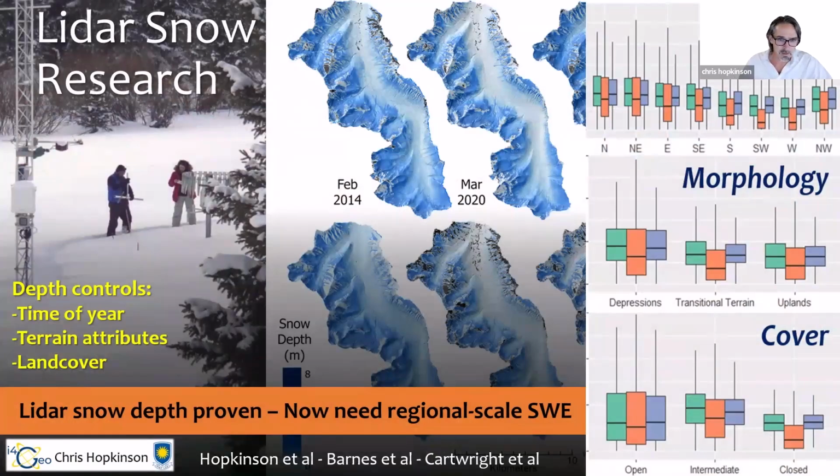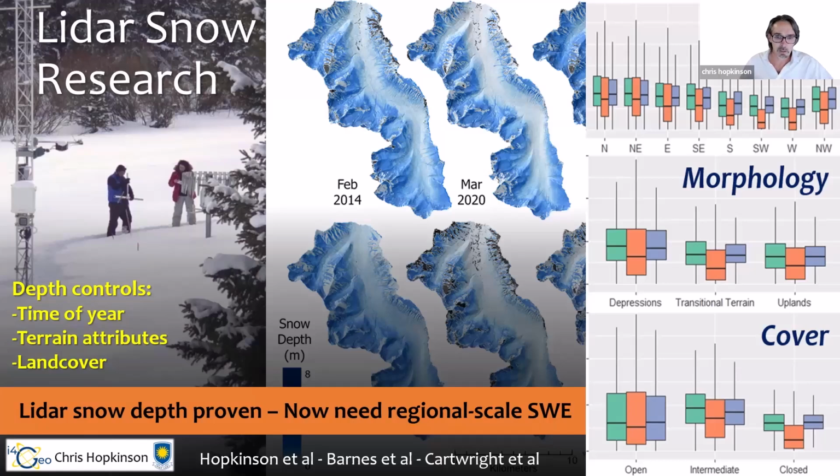So this study is not about proving that LiDAR can map snow depth. Of course, it can. We've shown that, and many others in the US and Europe have also shown that, particularly Tom Painter's group in the US, who have done very well in commercializing the technology, in fact. So I'd say it's a very well proven technology now.